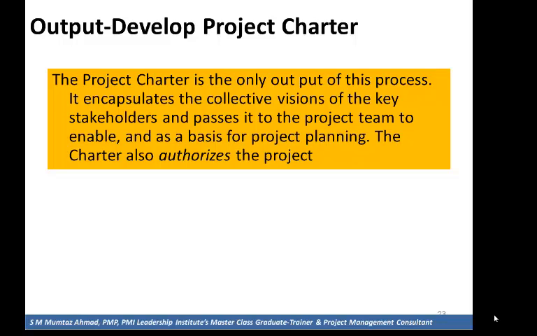They will either create the project charter or delegate the duty to project managers. The initiator's signature on the charter authorizes the project. Chartering the project links it to the strategy and ongoing work of the organization.